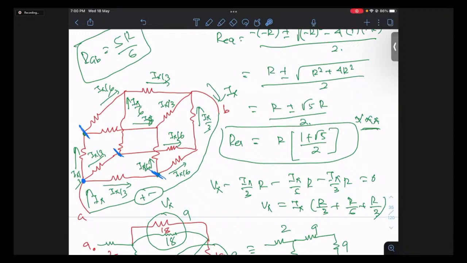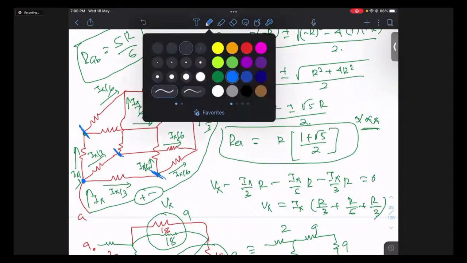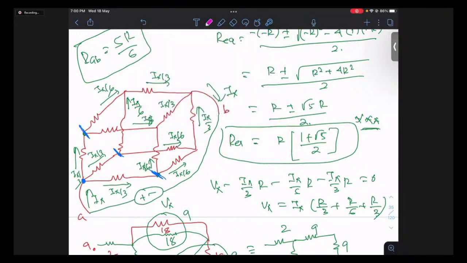Suppose, for example, I ask you, what is this point potential? This point potential is this point potential minus the drop of this. If I highlight it, this is one point. I'm highlighting it in a different color.